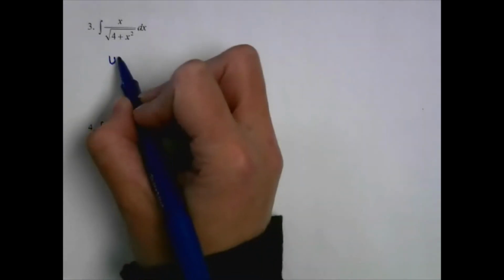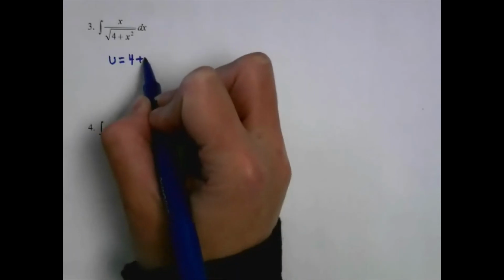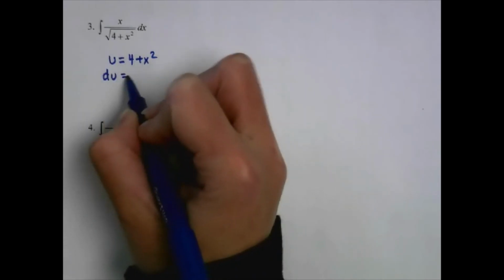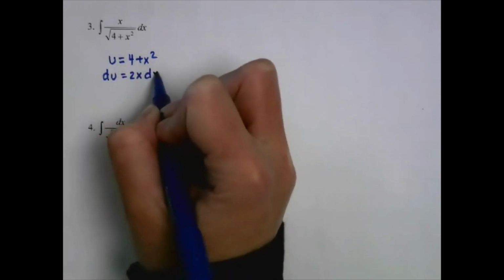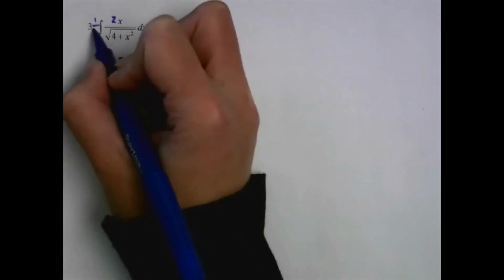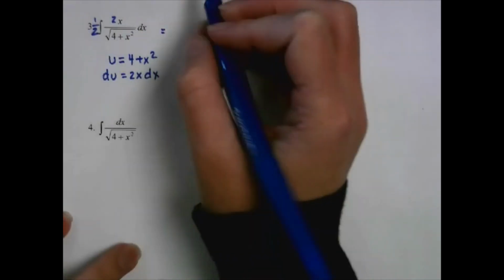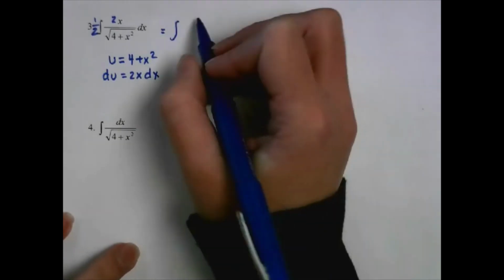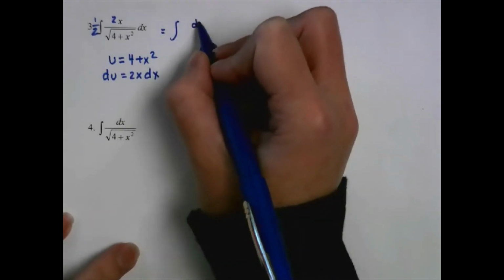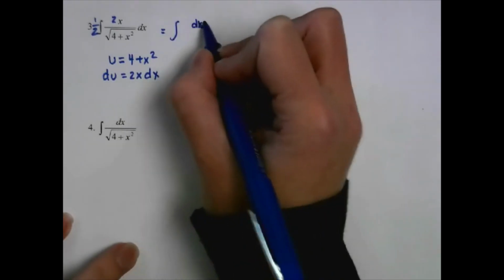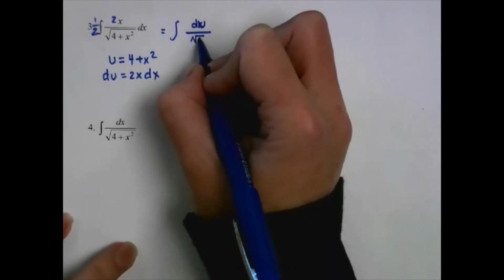We don't need it here because I can let u equal 4 plus x squared. So du is 2x dx. There's your 2. So this one is the integral of du over the square root of u.